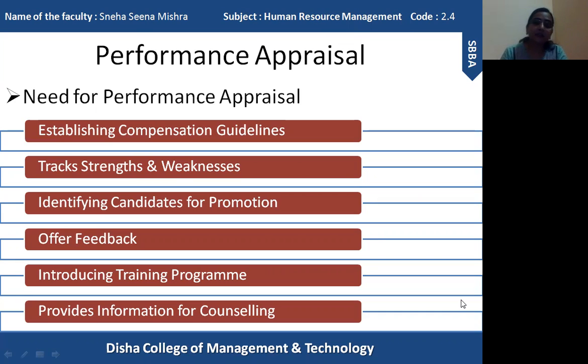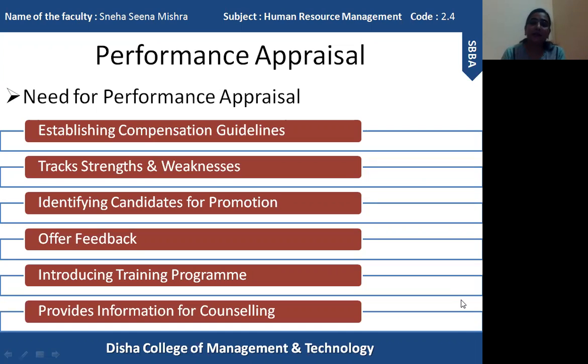Now, like I said, performance appraisal helps in taking various important decisions related to the employees. So that is another reason for conducting performance appraisal. The future of the employees within an organization largely depends upon the reports of the performance appraisal. After evaluating the performance, those reports provide necessary information to the management so that they can take important decisions regarding the employees.